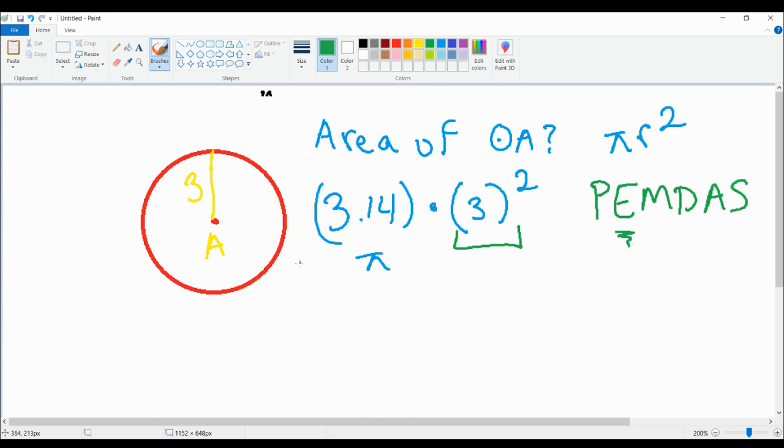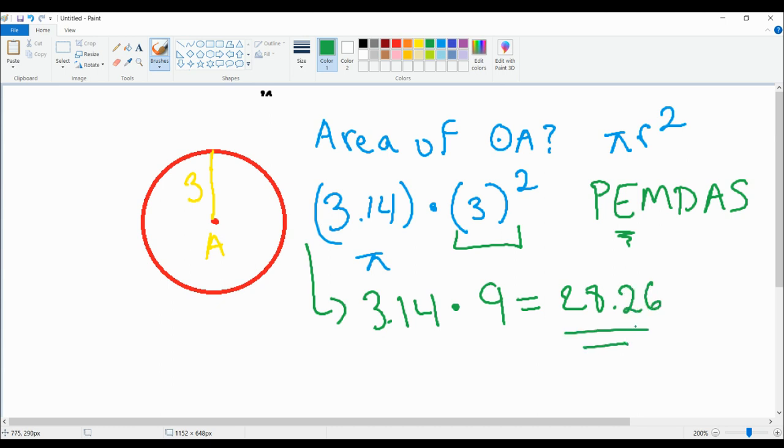So what we'll have after this is 3.14 times 9, because 3 squared is 3 times 3, which is 9. When we multiply 3.14 times 9, we get 28.26. And that is the area of the circle.